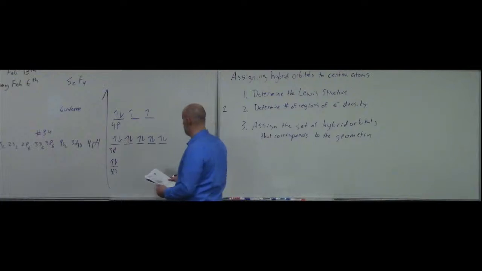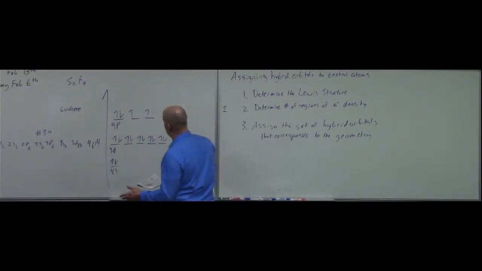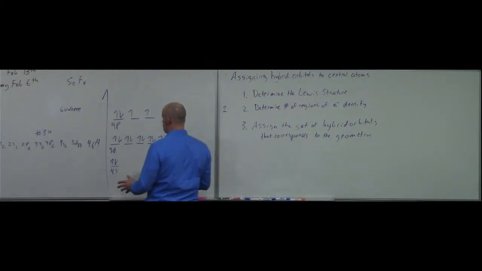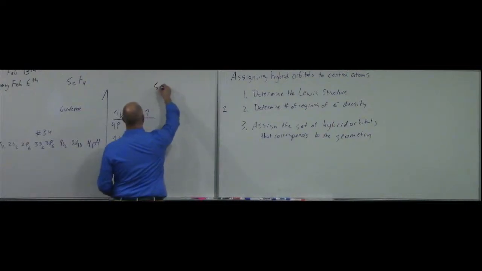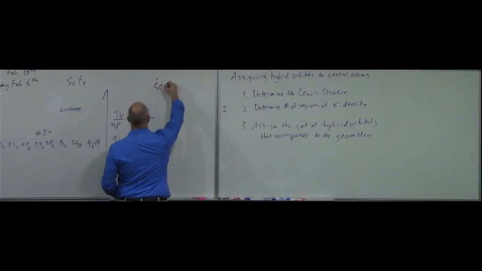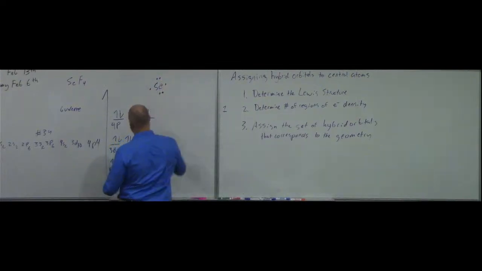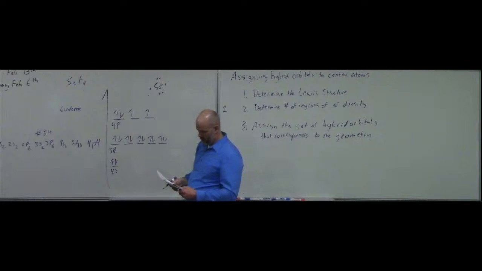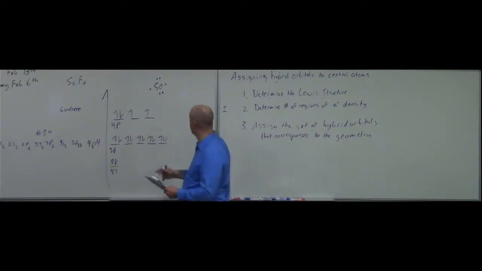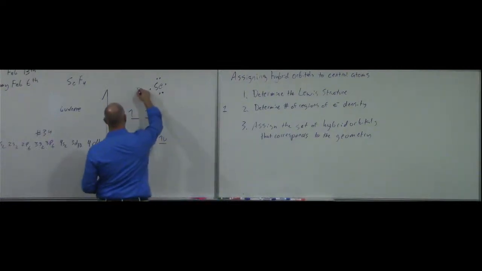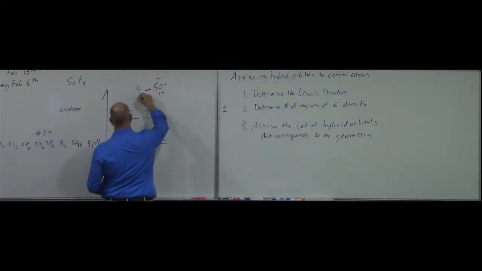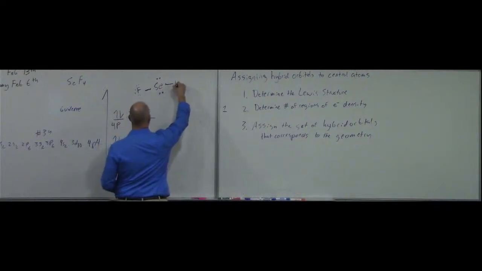Now, bottom line though, I'm dealing with how many valence electrons? 6. So we do selenium. We're going to go 1, 2, 3, 4, 5, 6. And it is bonding with how many fluorines? 4. Right, so F here.